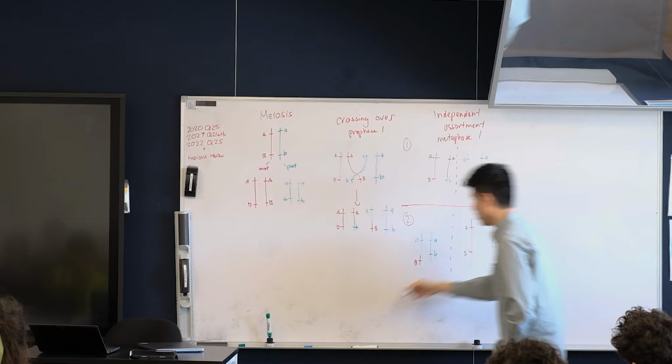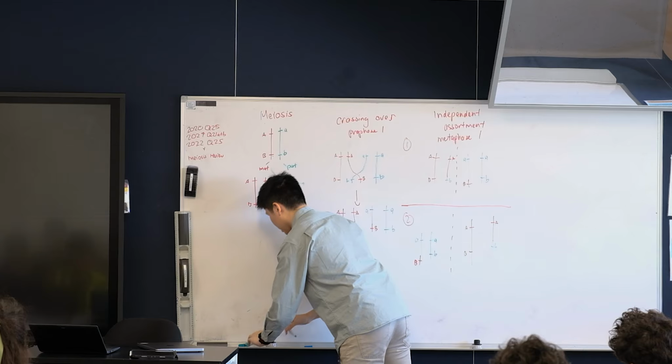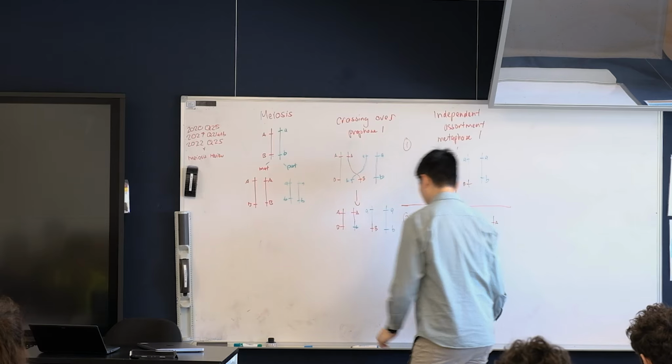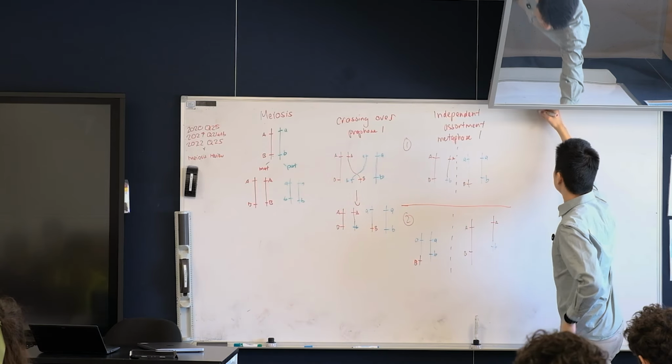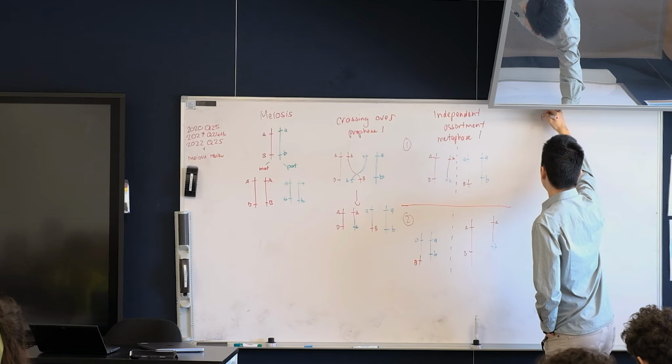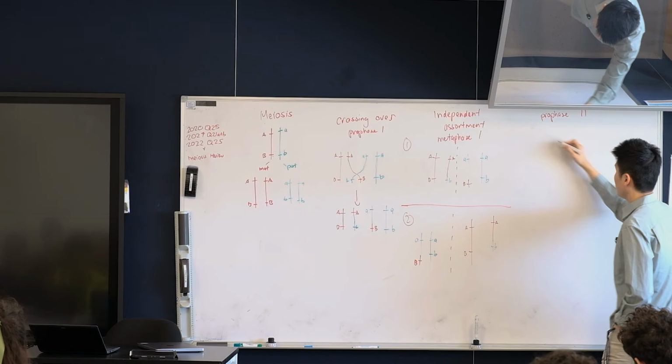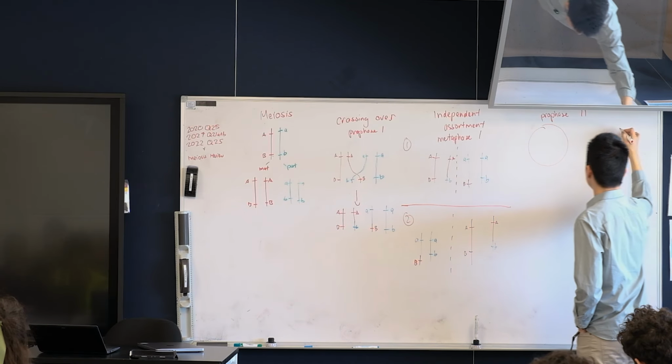So I'll just draw what that will look like on the board for us. So in prophase 2, we'll have 2 cells.